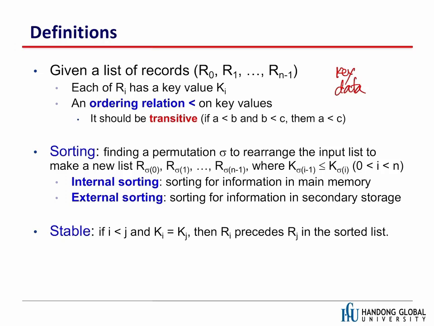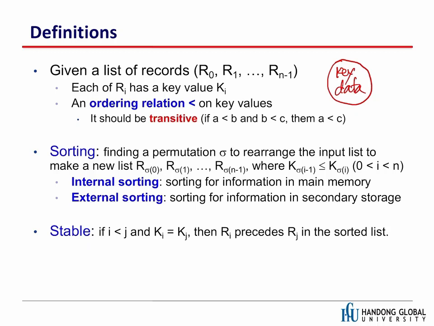So k is the key and R is an instance, R sub i is an instance including key and data. Or if we use pointers, then R sub i should be implemented with key and data pointers. But anyway, we are not talking about the implementation here. We are talking about the specifications. So we have a key and we have data.